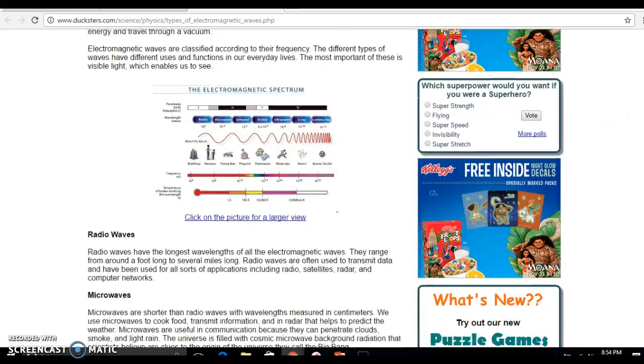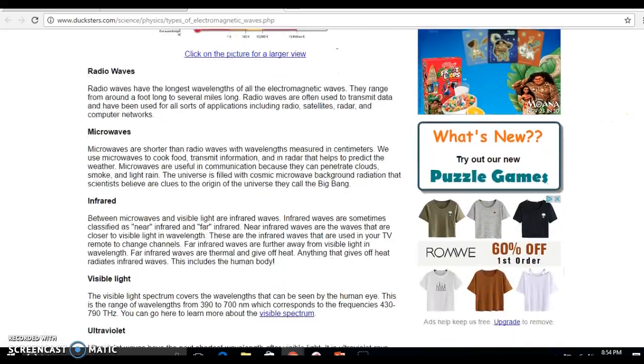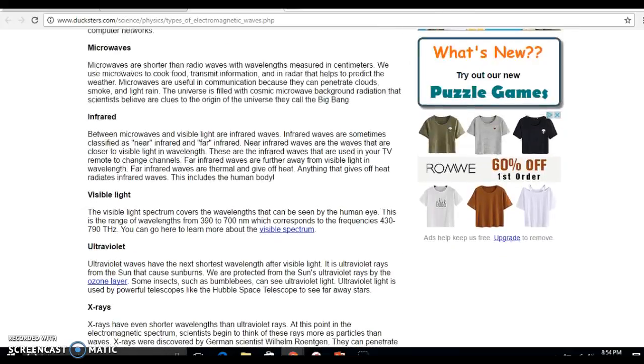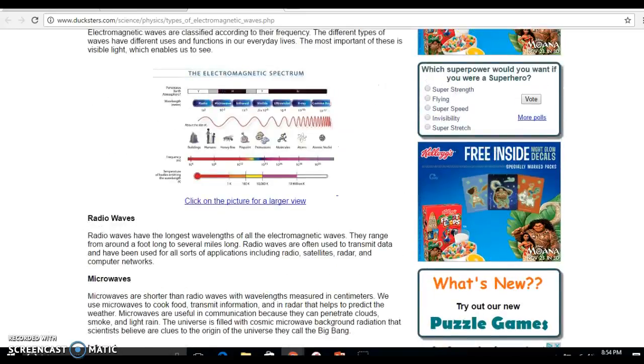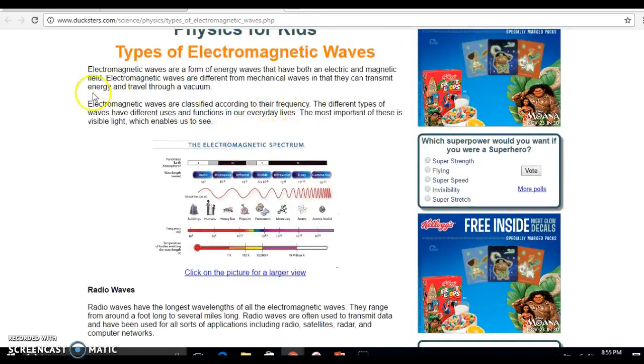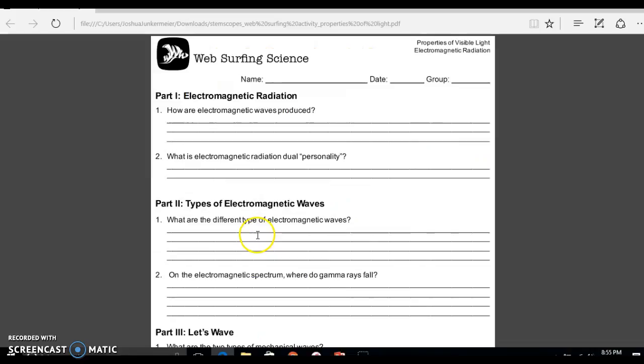They also are described in more detail here: 1, 2, 3, 4, 5, 6, 7. Each one of these is a form of electromagnetic wave, and they differ based on, if I go by this, their frequency. Maybe we can learn a little more about what they mean by this thing called frequency as we study these different types of electromagnetic waves.